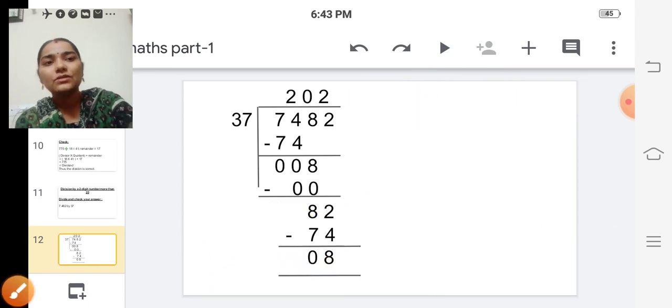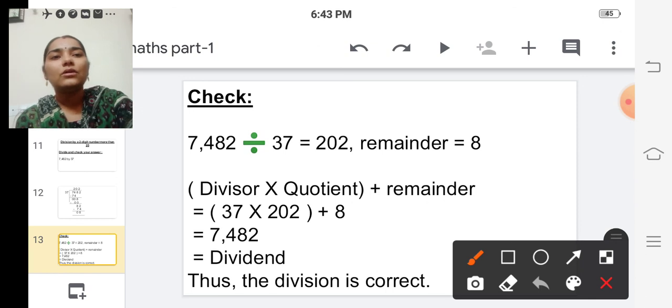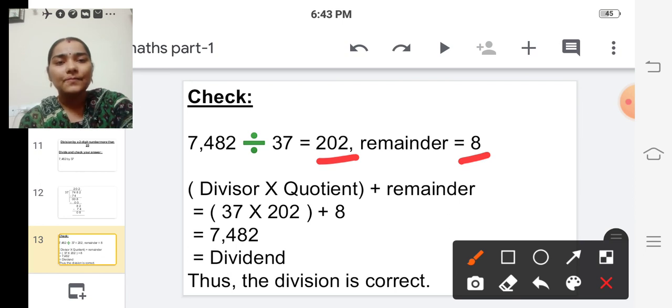Okay, so let's check the answer. So we have the quotient 202 and remainder 8, isn't it? So divisor into quotient plus remainder. Please remember this so that you can check the answer.